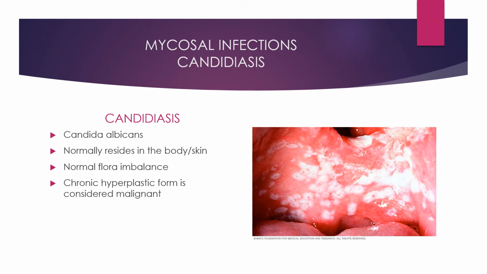So, again, antibiotics. The other time of imbalance would probably be things like immune deficiencies or terminal disease like cancer. And the chronic hyperplastic form, which we will talk about shortly, is considered to be malignant.